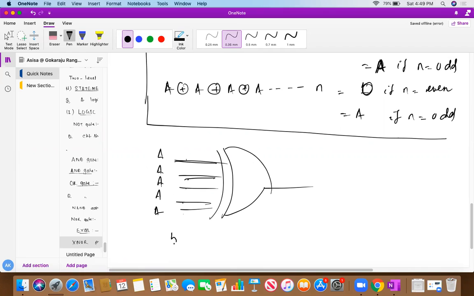So here it is 5 inputs, and 5 inputs means it's odd. If it is odd, what will my output be, students? Very simple, it is A. You are not going to work it out; if you know this formula, this concept, it is very simple. This is the way you can utilize it.